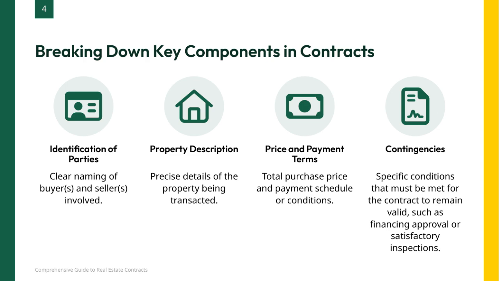Then we have the price and payment terms, which specify the total cost and outline how and when payments will be made. Finally, contingencies are conditions that need to be satisfied for the contract to stay valid, like getting financing approval or passing inspections. These safeguards help protect everyone's interests throughout the transaction.